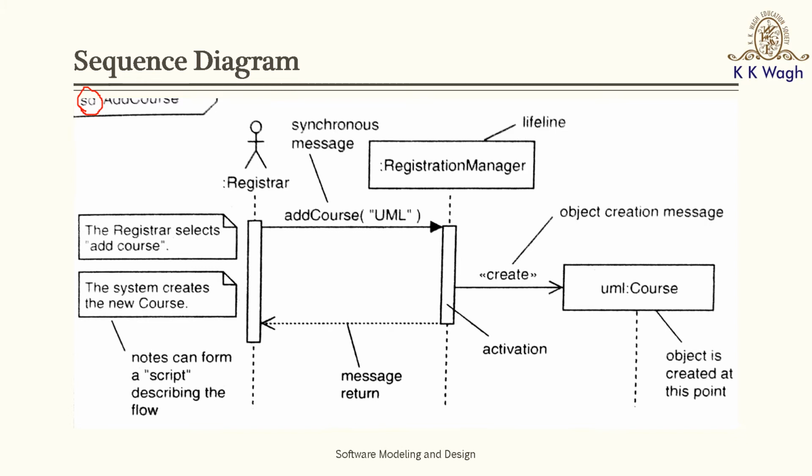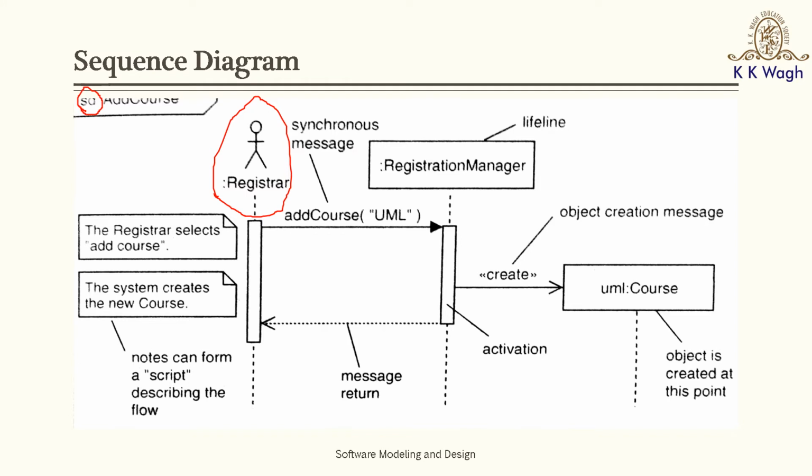Okay. Then this is the actor, that is registrar. This one is the actor. This is a lifeline, that is registration manager. And this is another lifeline, that is course. Or we can say it is an object created after the communication taking place between registrar and registration manager.